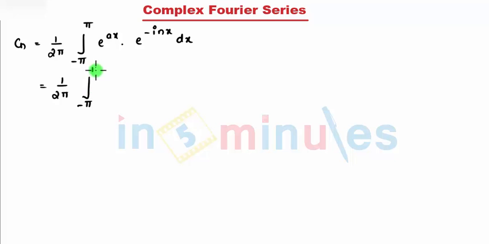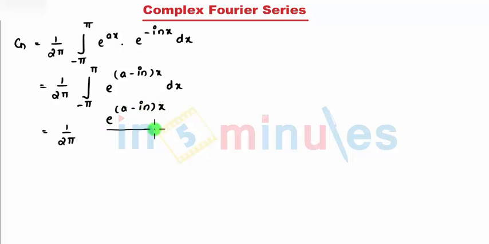From minus pi to pi, this changes to e raised to a minus i n, taking x common, dx. So that comes 1 upon 2 pi, integration of e raised to a minus i n into x, the same term divided by a minus i n, where the lower limit is minus pi and the upper limit is pi.